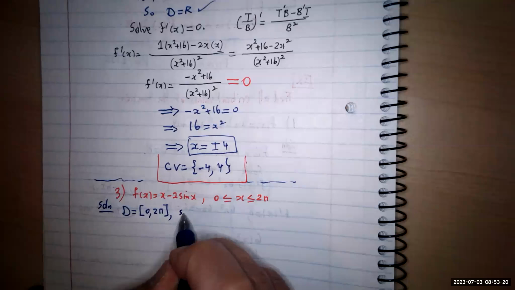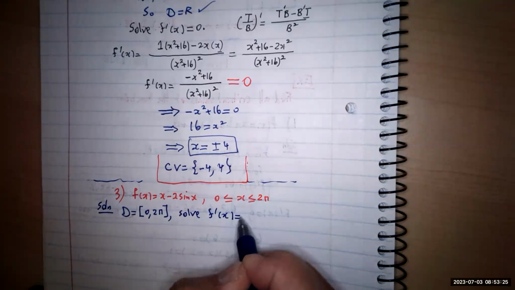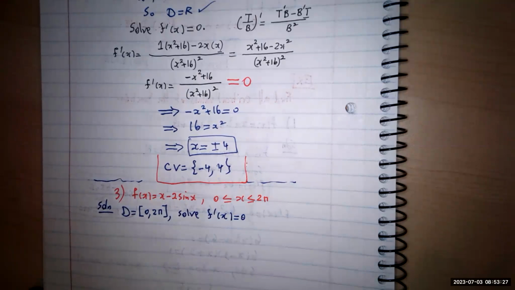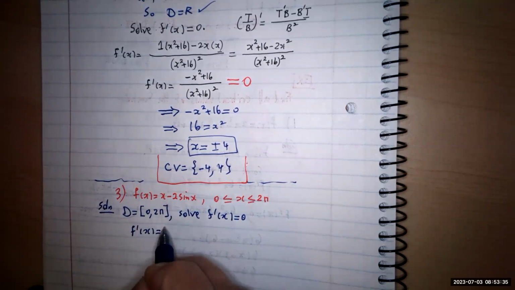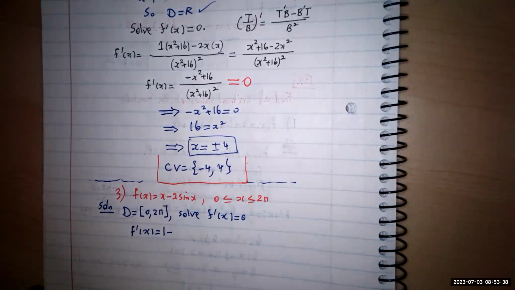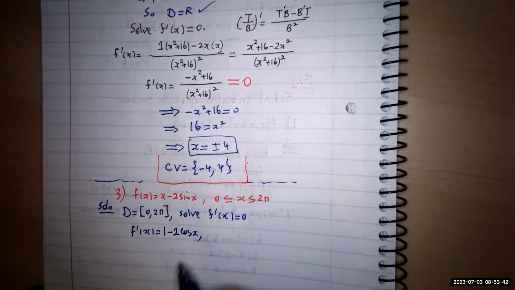So you're going to solve f prime of x equal to 0 to get your critical values. Carefully differentiate it. f prime of x is 1 minus 2 times the derivative of the sine, which is cosine, so 2 times cosine x.